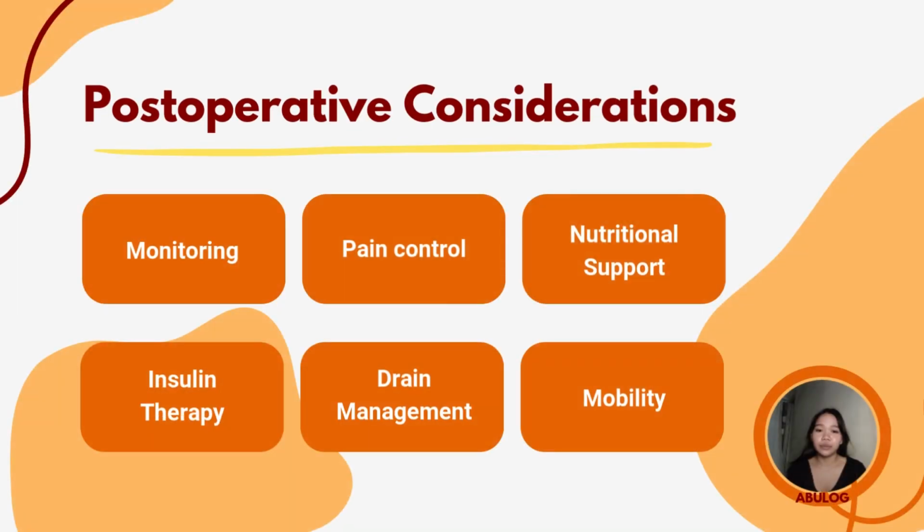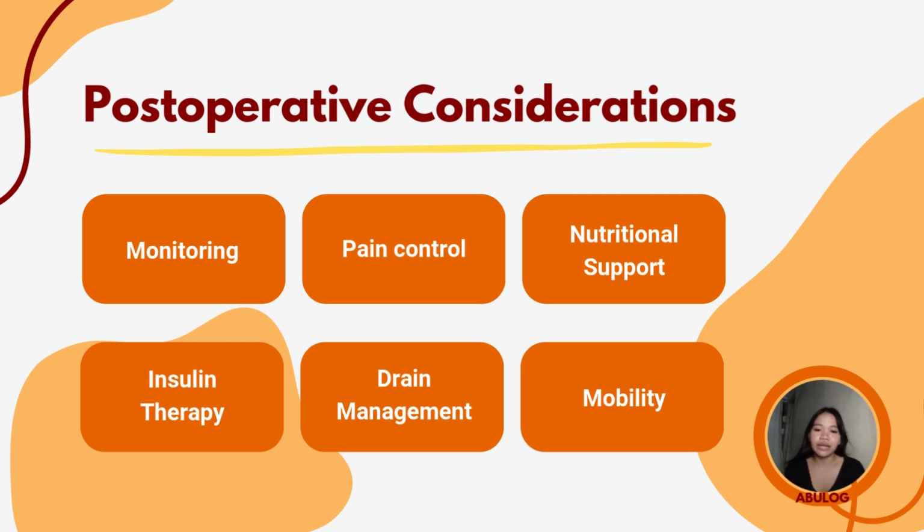After a pancreatectomy, careful post-operative management is crucial. Patients require close monitoring of vital signs, drain output, blood glucose levels, and electrolytes. Pain control is typically achieved using PCA or epidural analgesia. Nutritional support is also important. Patients may be kept NPO initially and in some cases may need enteral feeding or TPN if recovery is delayed.